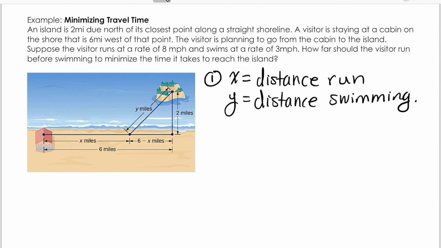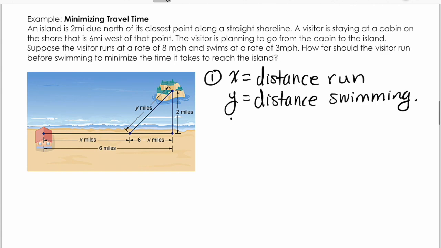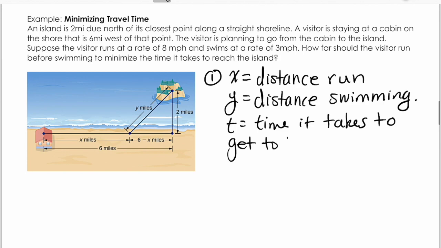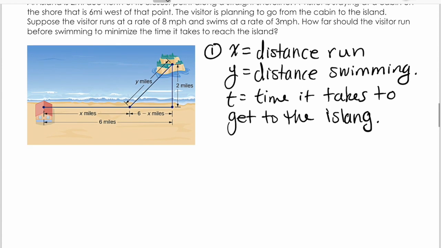We also have to mention t, since that's what we're going to eventually minimize. So t is the time it takes to get to the island. Okay, so these are our variables.